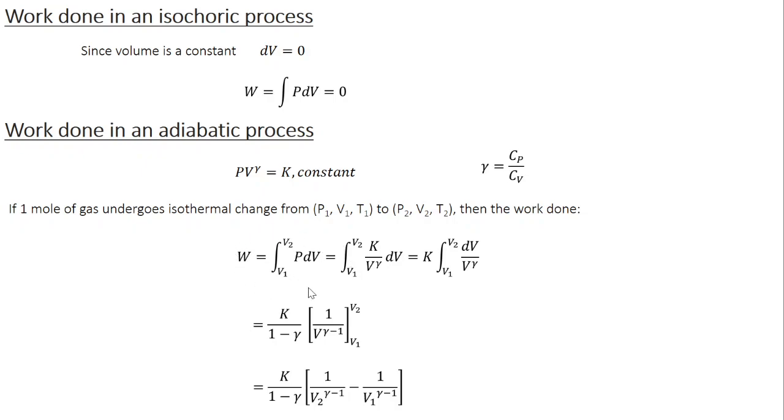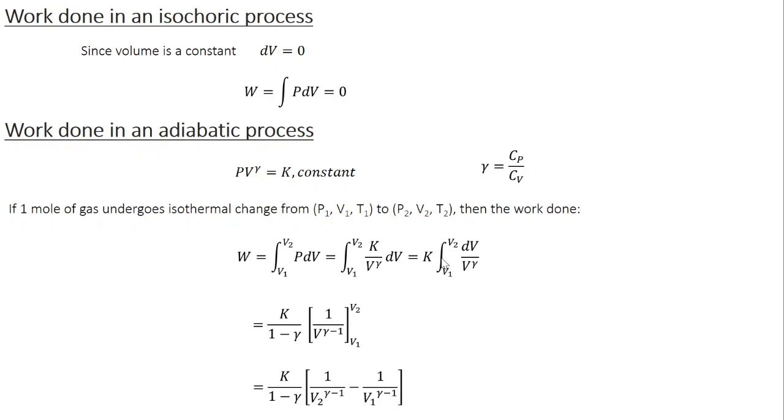As always, start with the generic equation W equals integral V1 to V2 PdV and follow the same procedure as we have done in the case of isothermal process. From this equation, I can write P equals K by V to the power gamma. So work done equals integral V1 to V2 K divided by V to the power gamma dV.